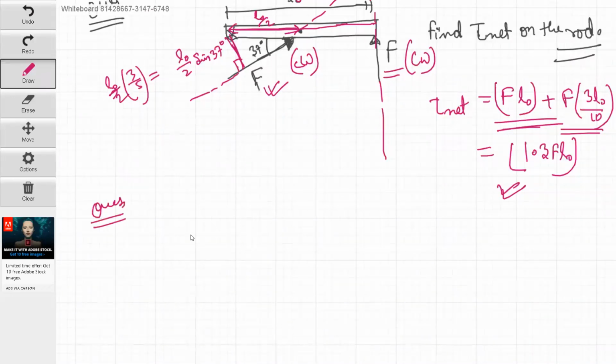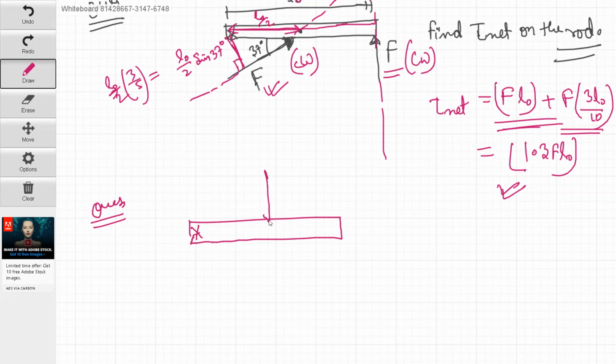Suppose the next question is: this is the hinge point. Length of the rod is L naught. At the midpoint, the force is F. At this point, the force is 2F. This angle is 53 degrees.